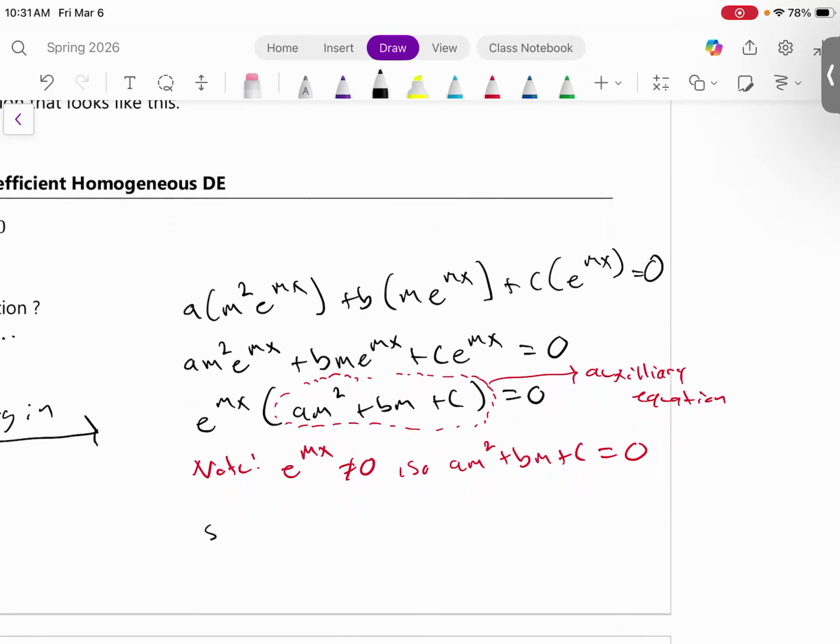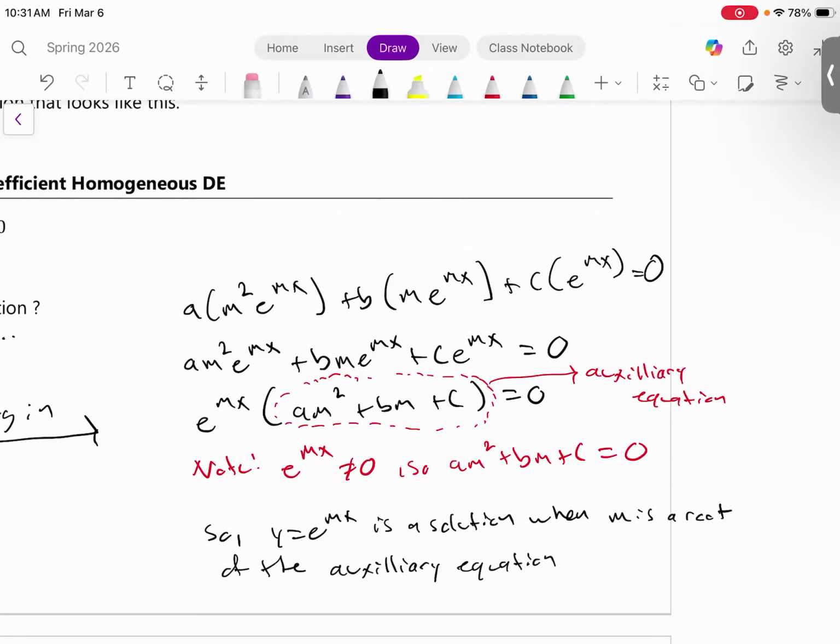So to kind of summarize, y equals e to the mx is a solution when m is a root of the auxiliary equation. So we're going to use this auxiliary equation and we're going to be able to find our constant coefficients.